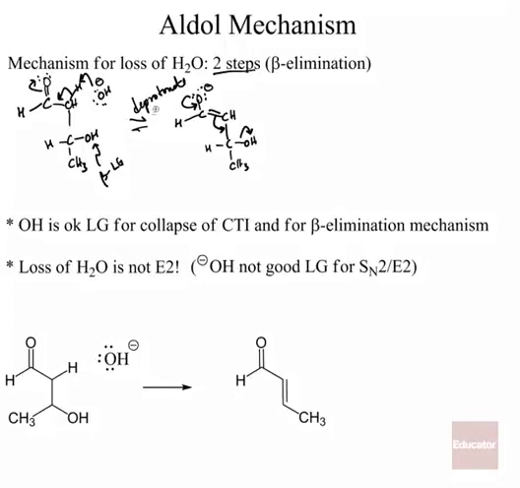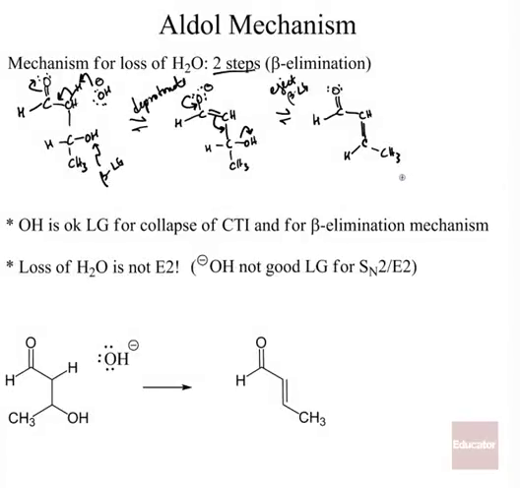So we're going to deprotonate as our first step, and step 2, we're going to eject the beta leaving group. And when we do those 3 arrows, the product we get is the aldol product that we're expecting, the carbon-carbon double bond in between the alpha and the beta carbon.